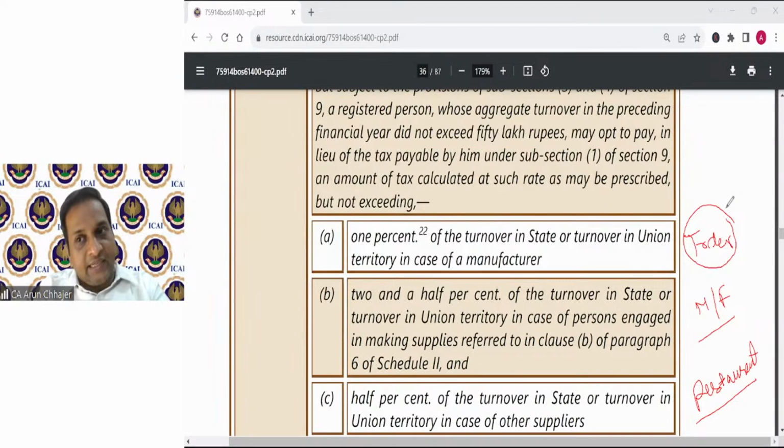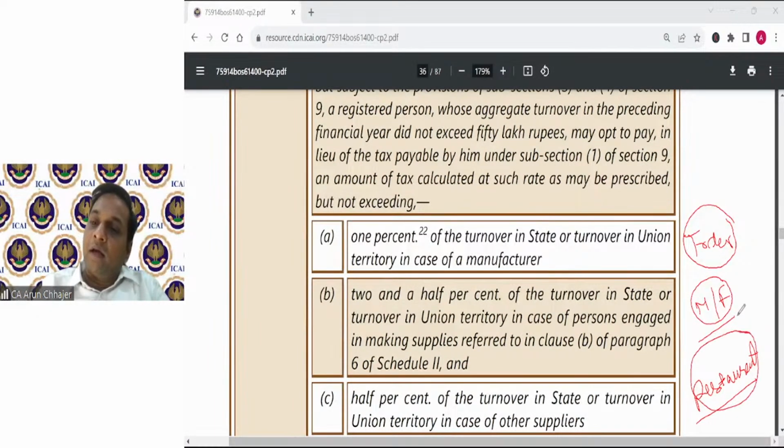What could be the tax rate if I am a manufacturer of goods? What could be the tax rate if I am a restaurant? If I am supplying as a restaurant under the composition scheme, what would be the tax rate?